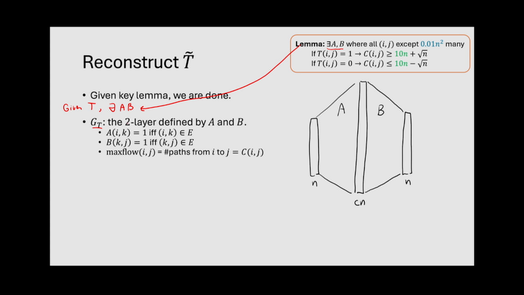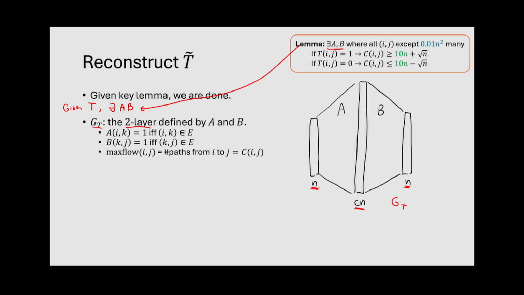It's going to be a 3-layer graph, where the first layer is of size n, the middle is of size Cn, and the last is of size n. And we just build this graph from the two matrices A and B in a natural way.